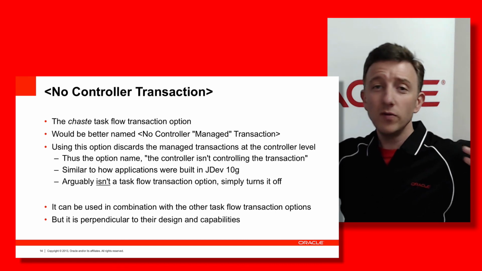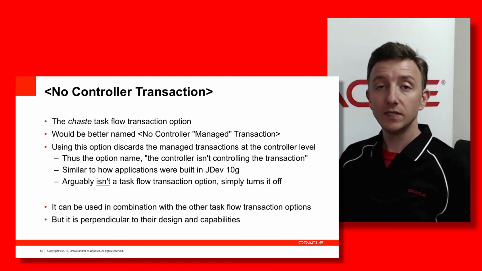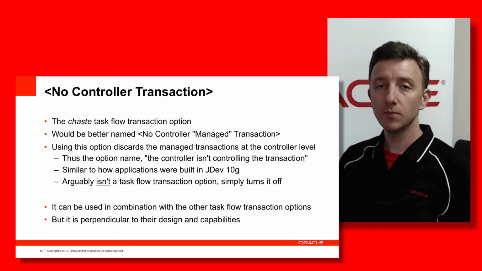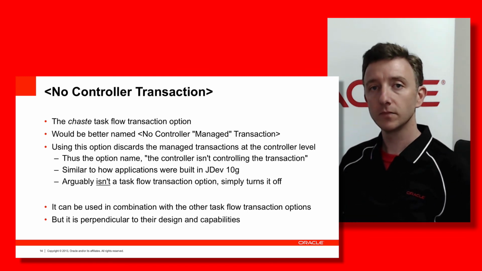But if you have no need for that facility, again, if you only have one ADF BC data control instance as an example, then you might as well stick with the no controller transaction option.